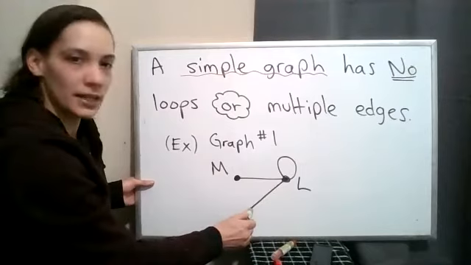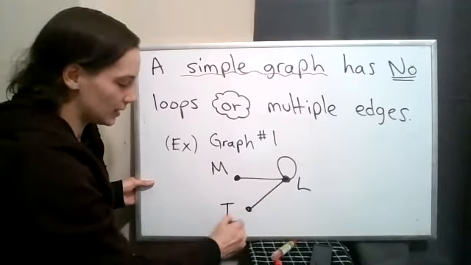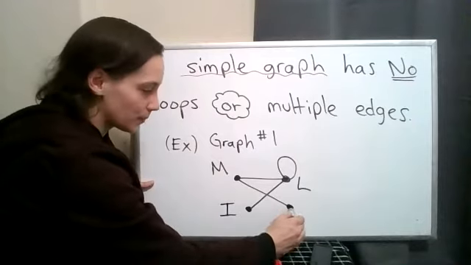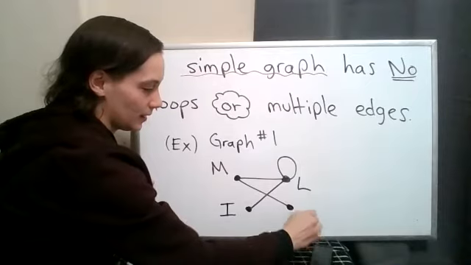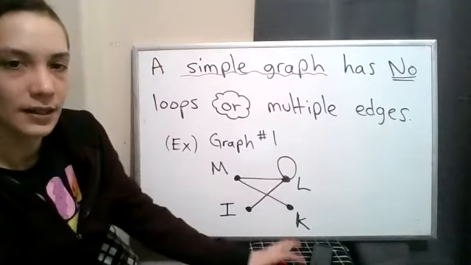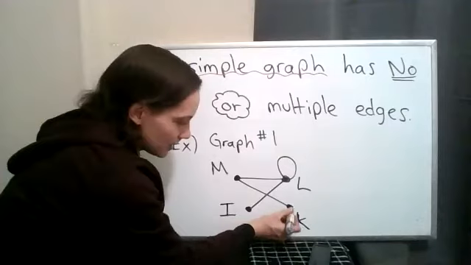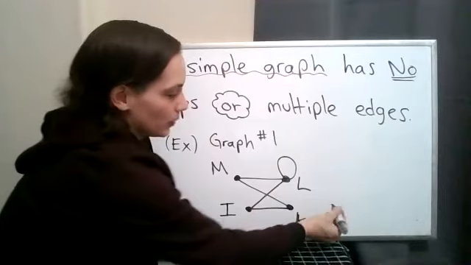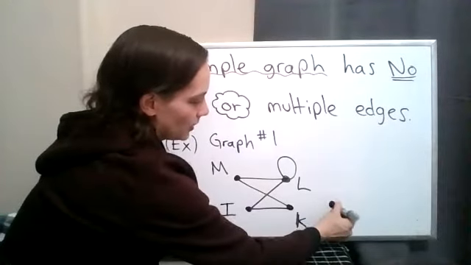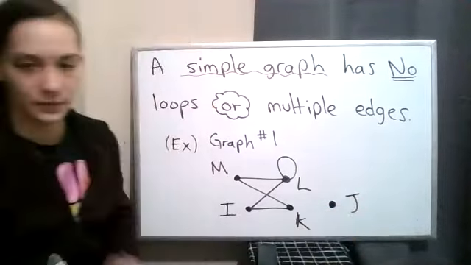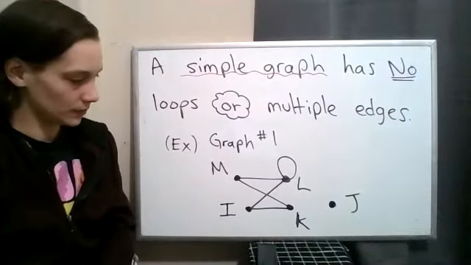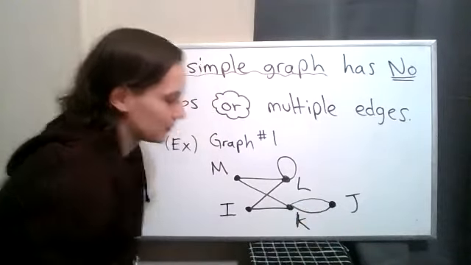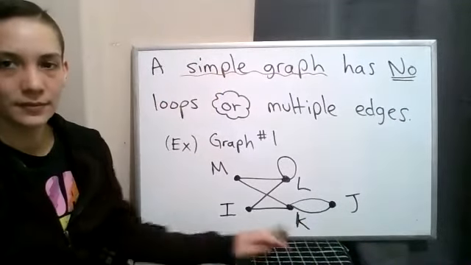Cross over this way to I. And that way we have K. I is connected to K. And over here, we're going to draw one more, J, with 2 edges, JK and JK.